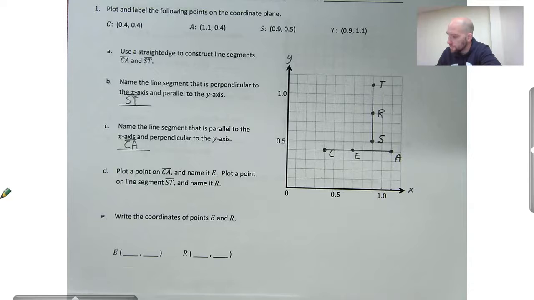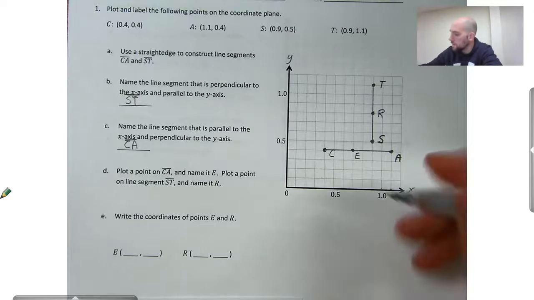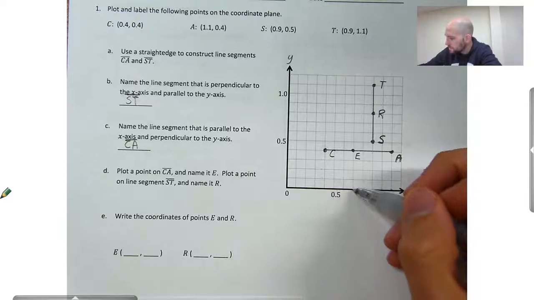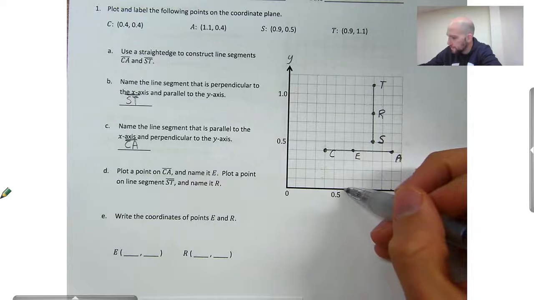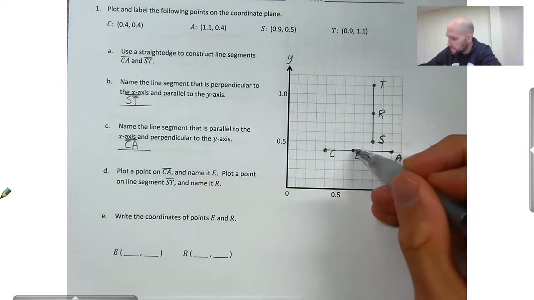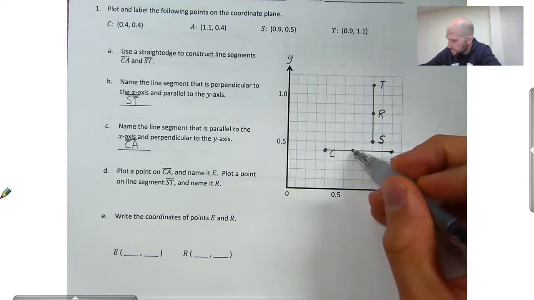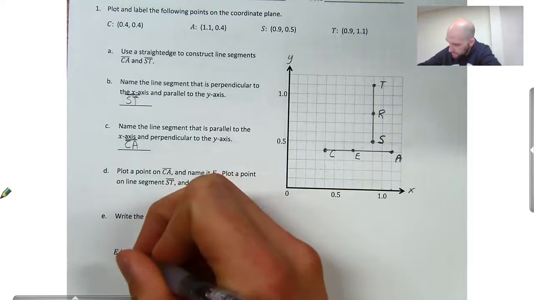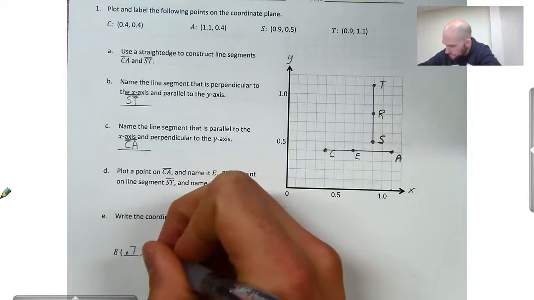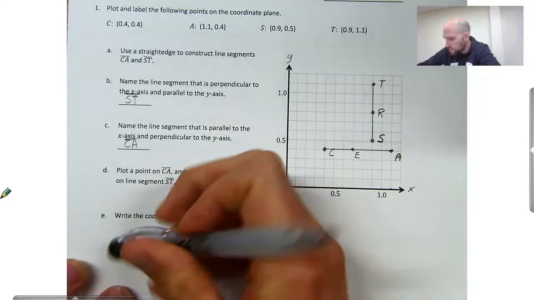Write the coordinates for points E and R. Well, let's look at E first. We have 0.5 or 5 tenths, 6 tenths, 7 tenths. And then E is going to be 4 tenths. So we have 7 tenths, and we'll put the 0 in there too.